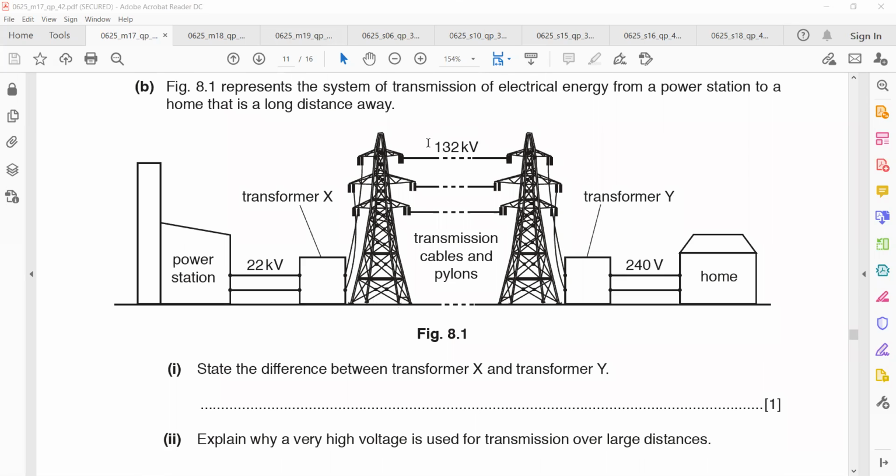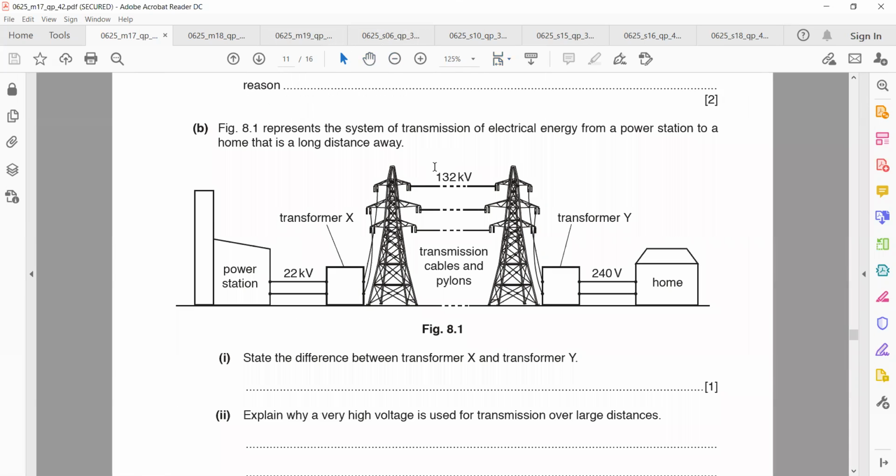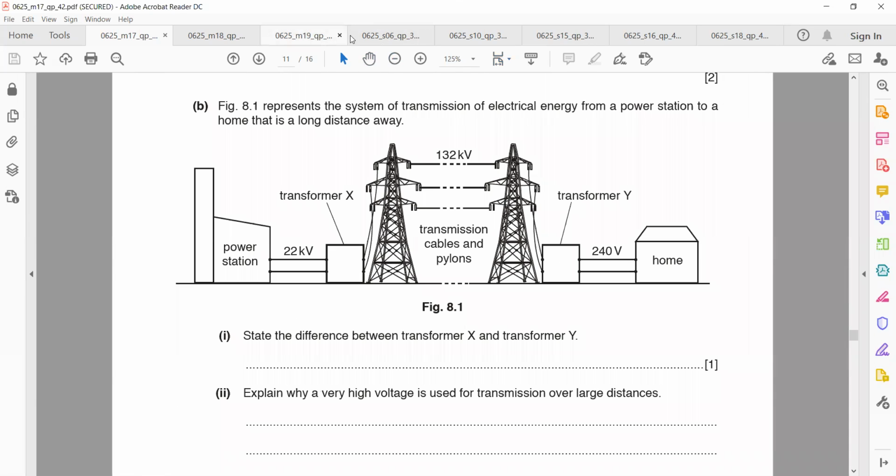Now you can see the power station generating electricity. It is generating 22,000 volts. 22 kV means 22,000. Then using a transformer, the dots here represent a long distance between the wires, and it is transmitted at 132 kV.